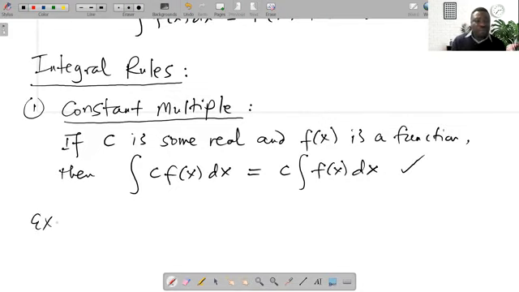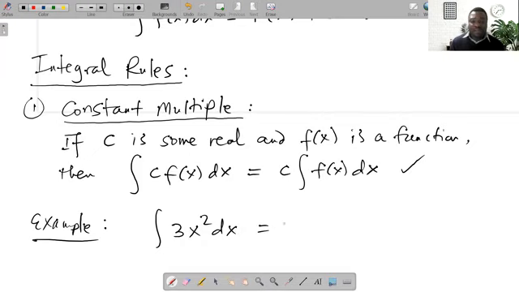Example would be, if you have, let's say, the integral of 3x squared dx, you can always rewrite this as 3 outside the integral of x squared dx.